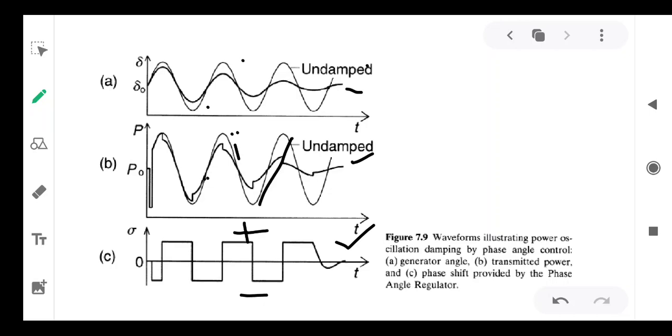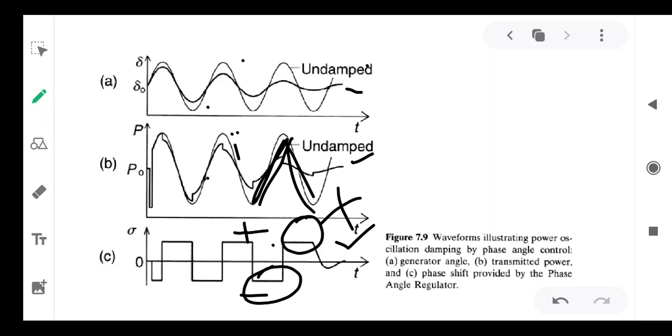For this region, this is the negative sigma. For this region, this is the positive, by providing the positive sigma. So when dP by dt is increasing, you provide the negative sigma.